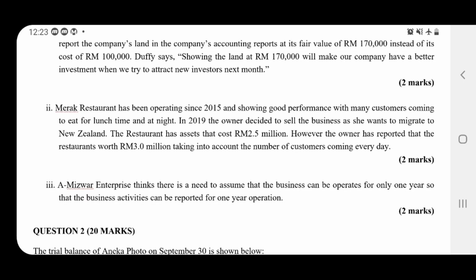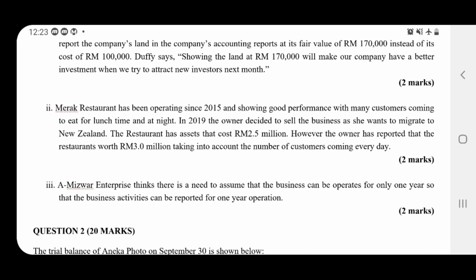So the answer for this scenario, the scenario shows that the principle of time period has been complied or has been followed.